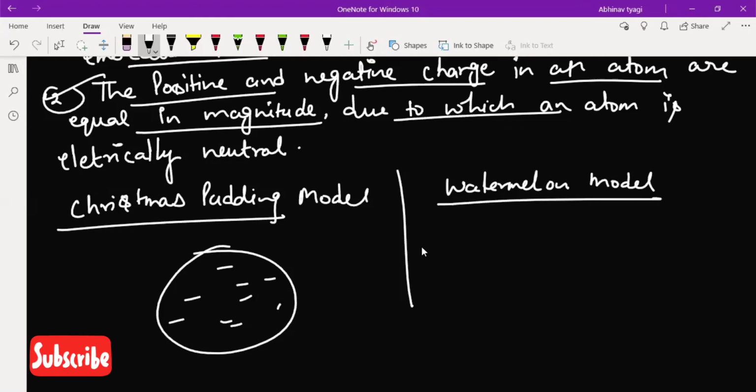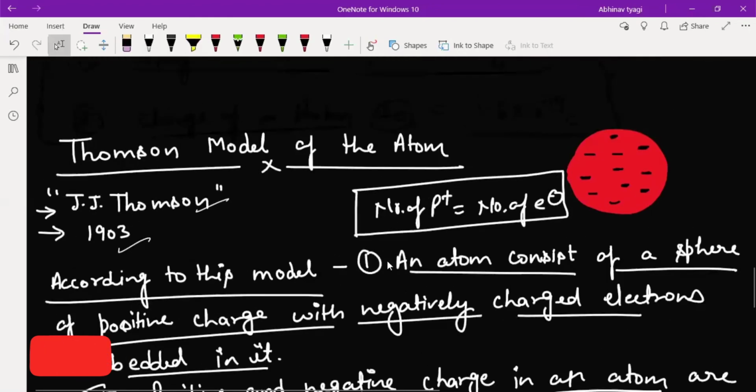In the watermelon model, the red edible part of the watermelon represents the sphere of positive charge, and the black seeds embedded in the watermelon are like the electrons.